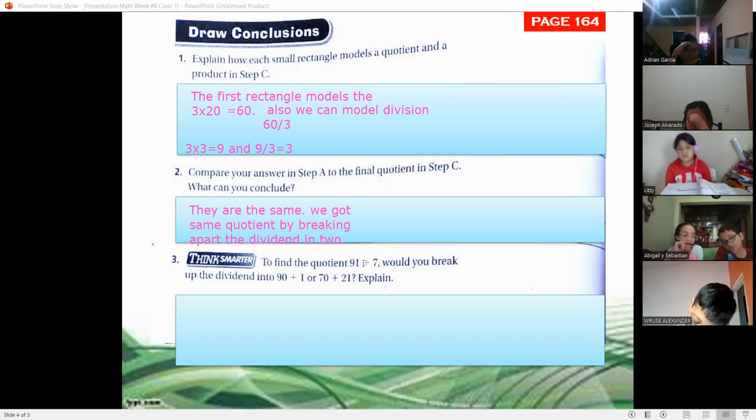Okay, 91 is the dividend. The divisor is 7. I need to divide 91 by 7. Do I have a number that gives me 90? No. So my question is, what is the right way?